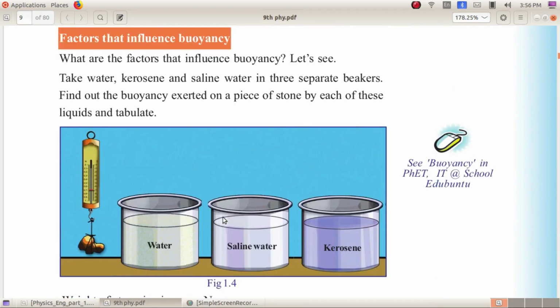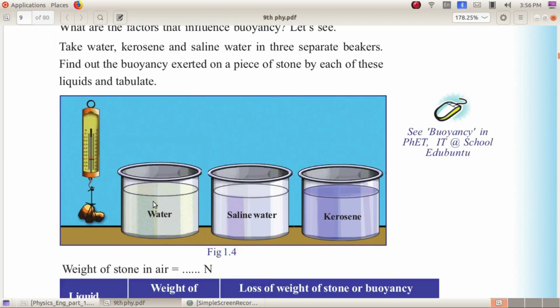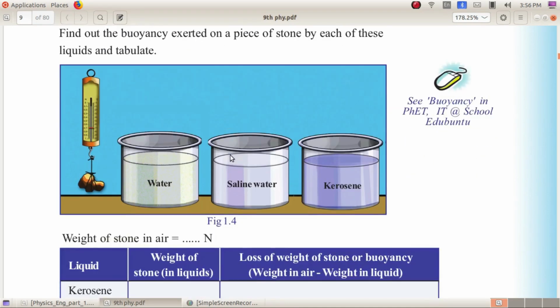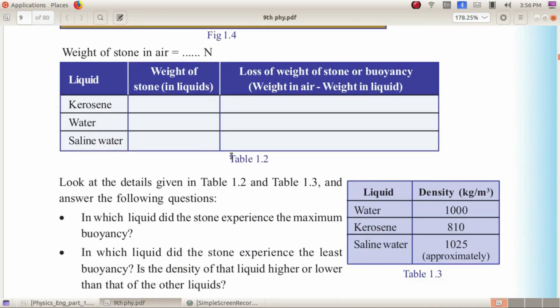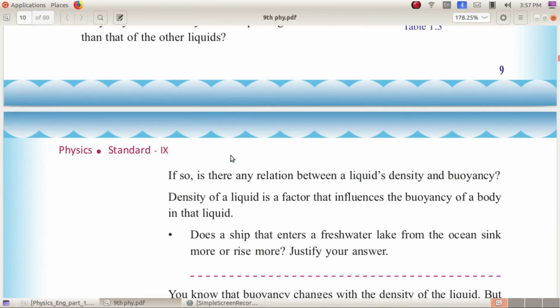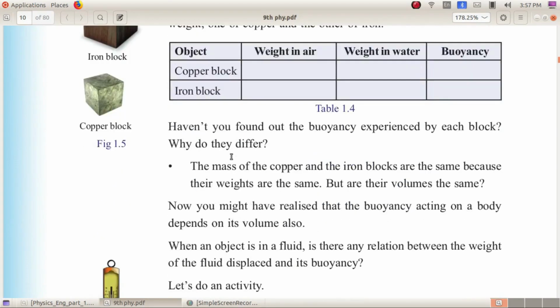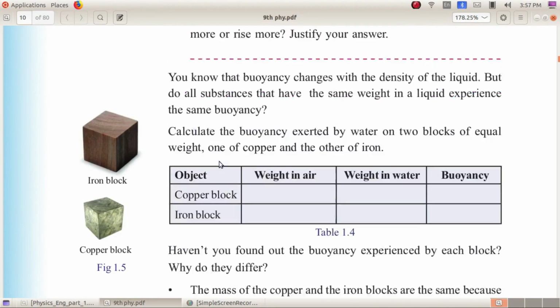Now there is a question given. Does a ship that enters a freshwater lake from the ocean sink or rise more? Justify your answer. That is, if a ship enters a freshwater lake, we know that the water in the freshwater lake has less density compared to the ocean, which has greater density, as it contains salt water.